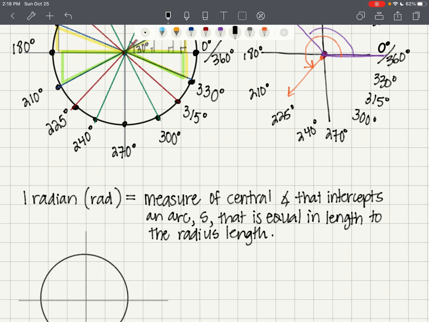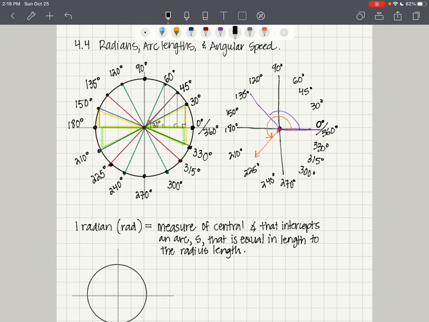Now, 1 radian is exactly the measure of the central angle that intercepts an arc that is equal in length to the radius. So here's our radius.